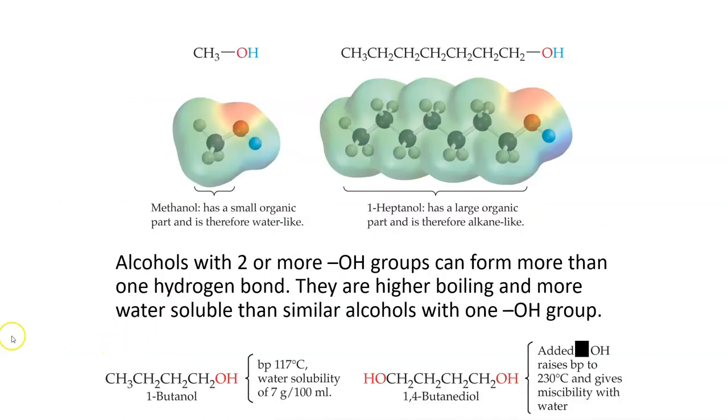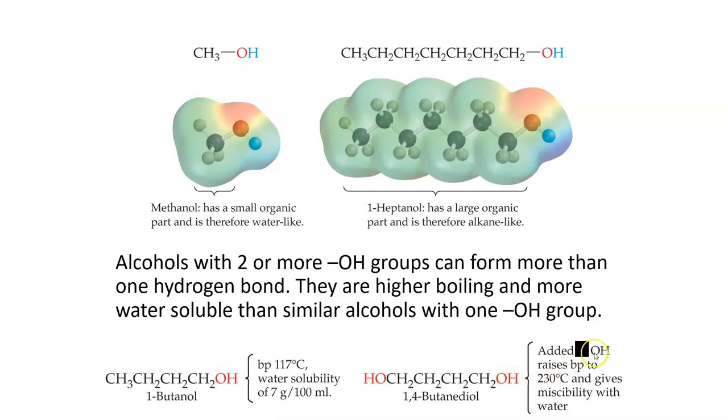So these different alcohols with different names, like 1-butanol, for example, versus 1,4-butanediol with 1 or 2 of these alcohol groups, we're going to see that as we get longer, we will increase the boiling point. But also if we add another alcohol group, that's going to change the boiling point considerably as well. So look at 1-butanol, where we have a boiling point of about 117 degrees Celsius, versus 1,4-butanediol, which has the 2 alcohol groups on it.